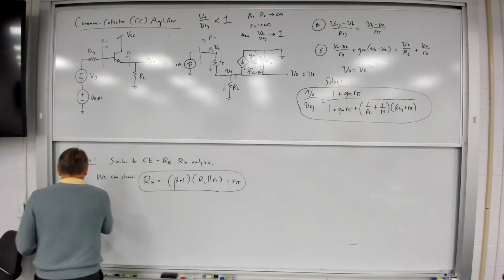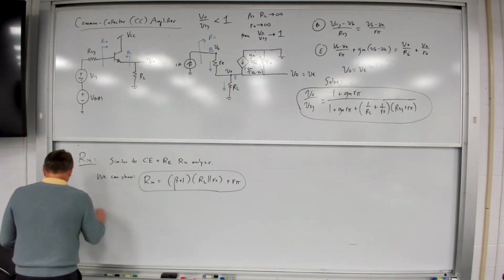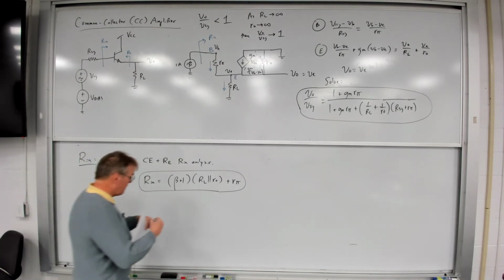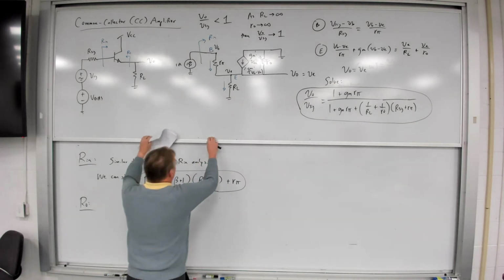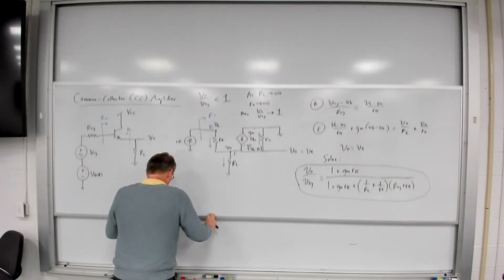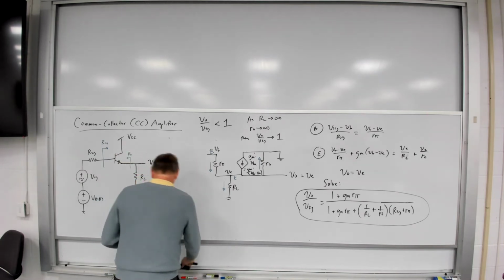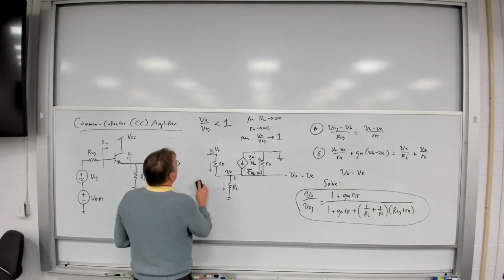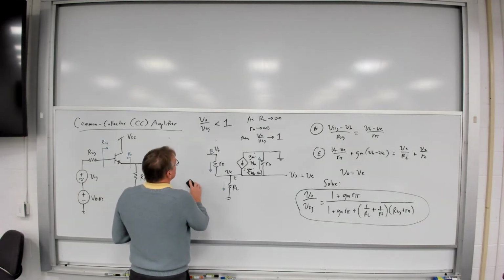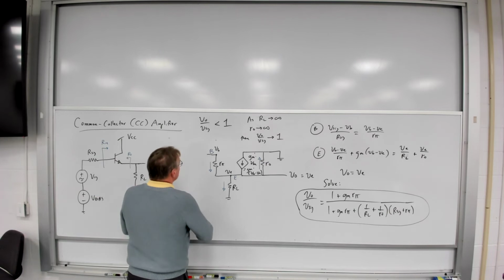What about RO? Well, for RO, I'm going to go up to this problem. I'll replace my input. And in this case, I'll put my R sig back.